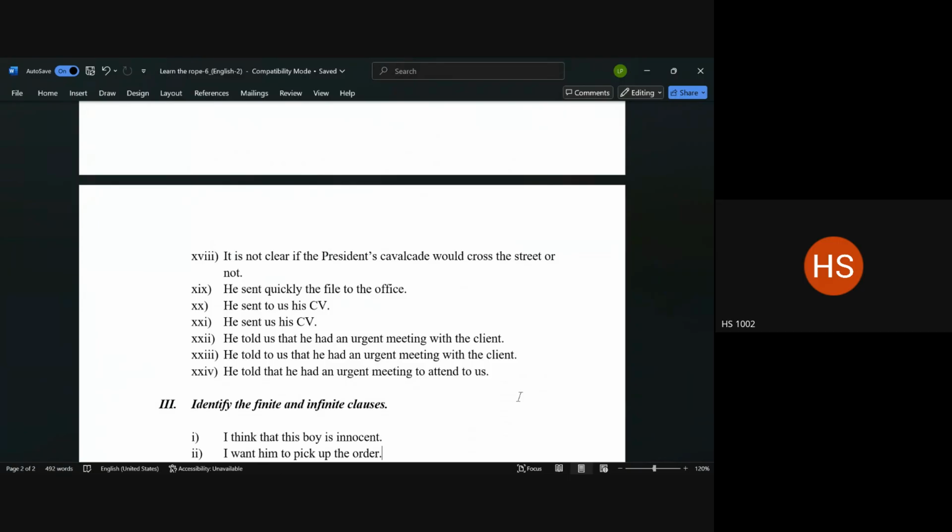So that he had an urgent meeting to attend is your direct object. To us is your indirect object. And by rule, if there is a preposition associated with the indirect object, then it needs to follow the direct object. So this is correct. The sentence is right. 24th one is a correct sentence. Okay. Right.